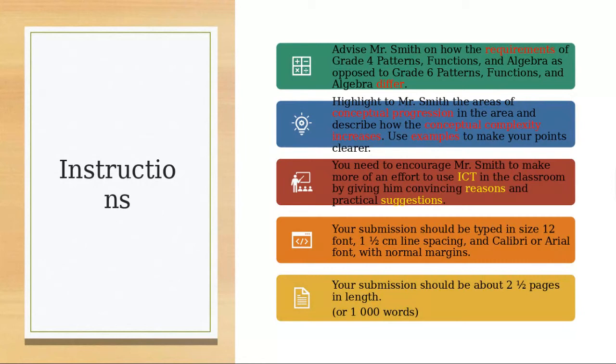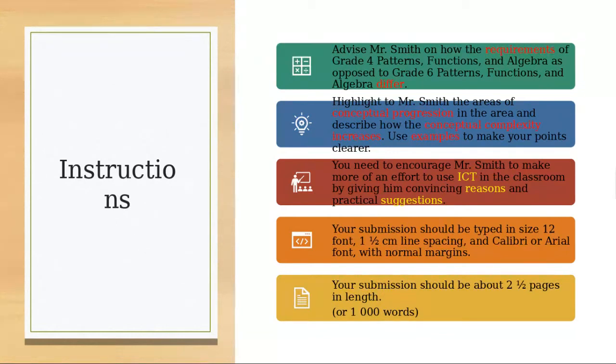make your points clearer. So just by looking at the first two points, you would see that there's a comparison between this PoE Activity 1 and your first ICE task. Remember, you have already done the conceptual progression and conceptual complexity, how it increases from grade 4 to grade 6.